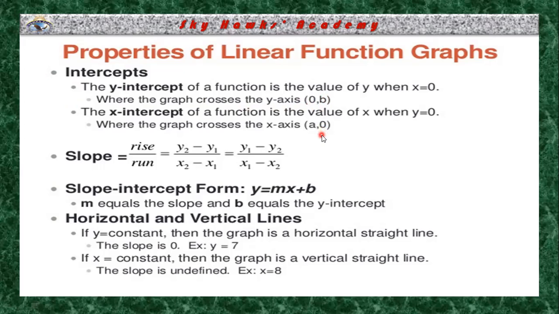And if you are looking for the x-intercept, you will have to count all those squares, how much it is going away from 0 on the x-axis. In this way, without the equation, you can pinpoint the y-intercept as well as the x-intercept.